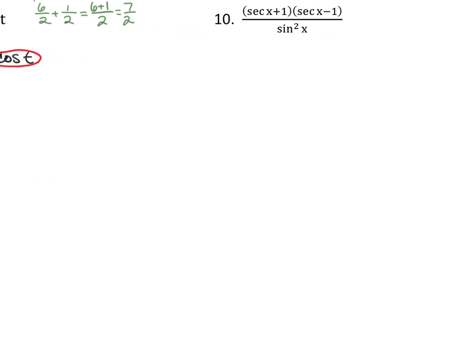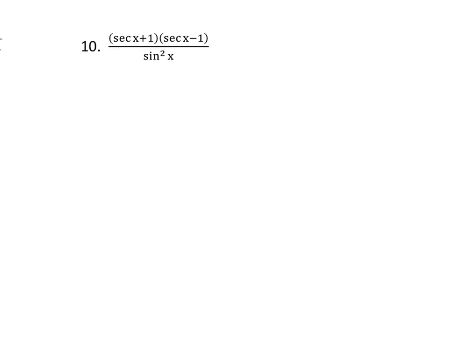Okay, last one. There's kind of a big hint up here on the top. What does it look like it's wanting you to do up there? When you multiply them, it's a difference of two squares. Yes, if you're not comfortable with the special pattern, you definitely can multiply it out, but it's ugly. Recognize the pattern. The numerator would be secant squared of x minus 1 over sine squared of x.